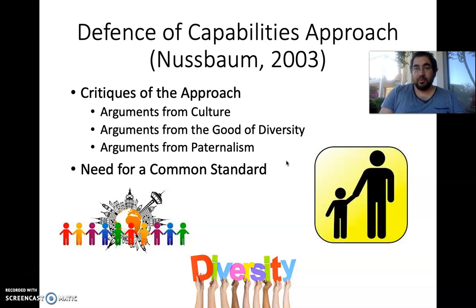Goods of diversity is similar. Different societies might have different structures, and that diversity is something good.